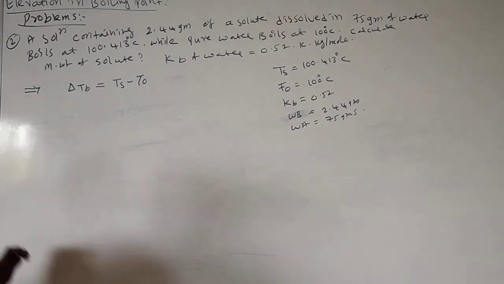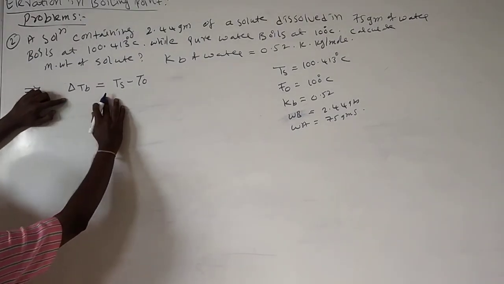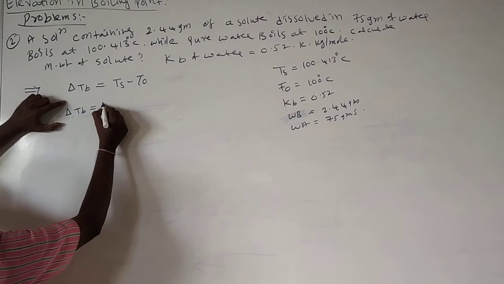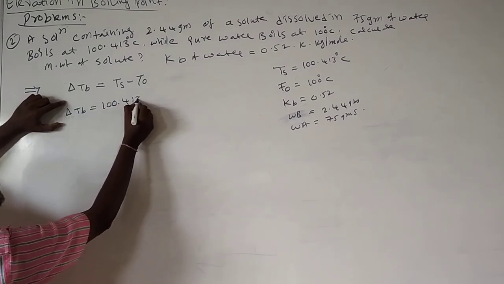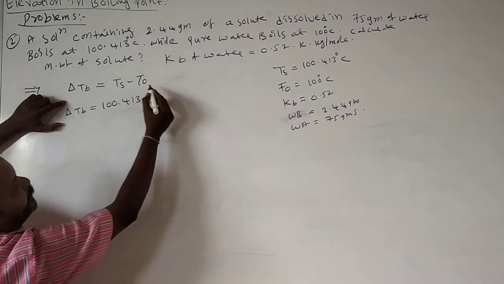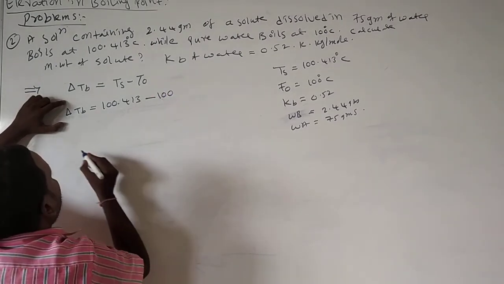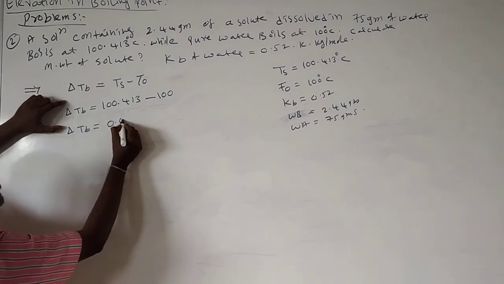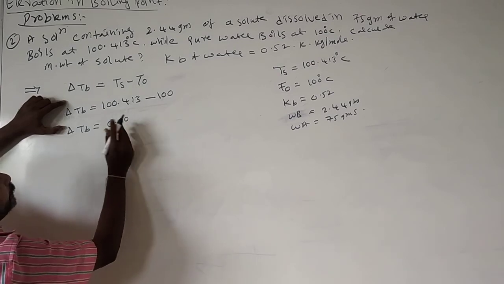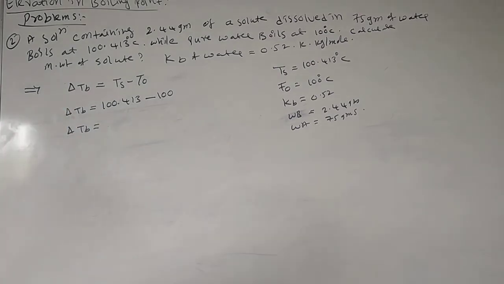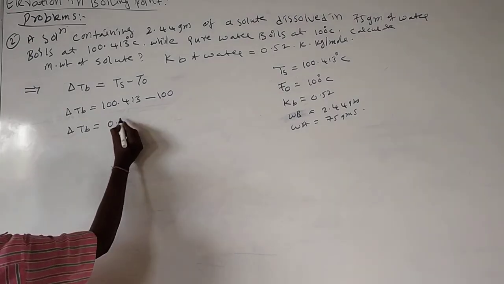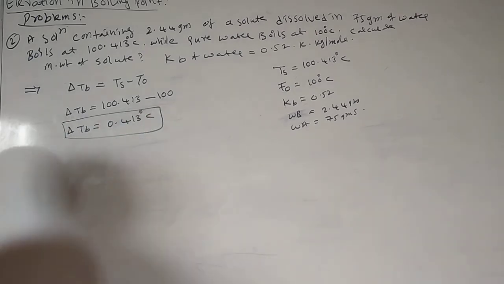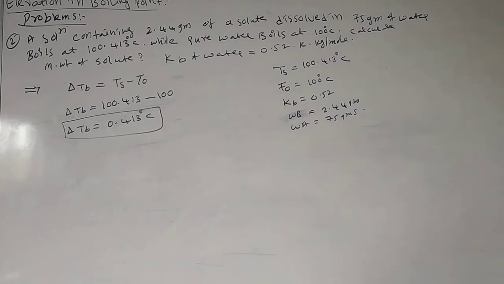Delta Tb is 100.413 minus 100, so delta Tb is 0.413 degrees centigrade. This is the elevation in boiling point.